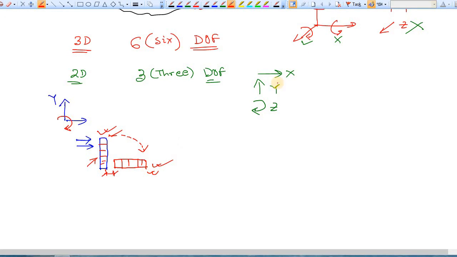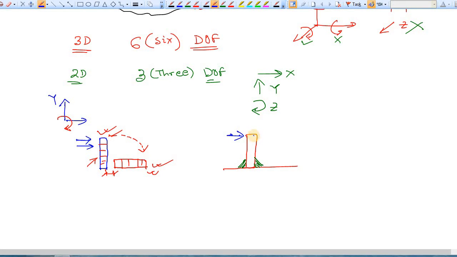So what you do is, let's say this is the structure you have built on the ground. You simply put some restraint like this. These are the restraints. Now apply your threat, whatever it may be. Let's say you are applying a load like this. What will happen?